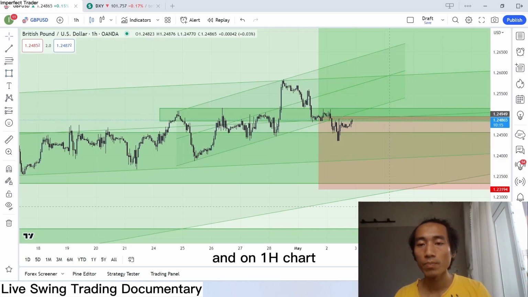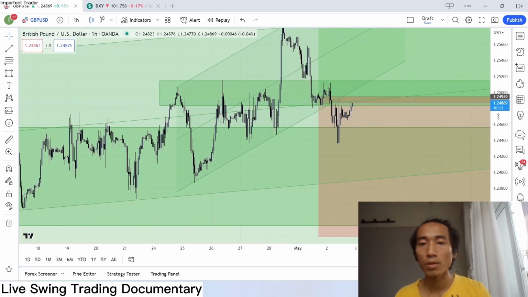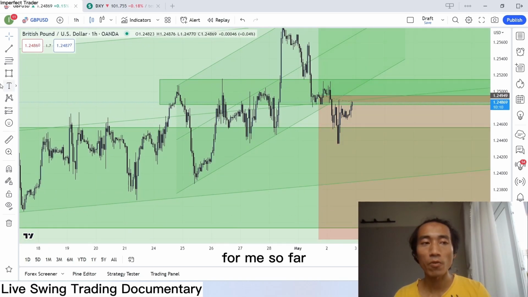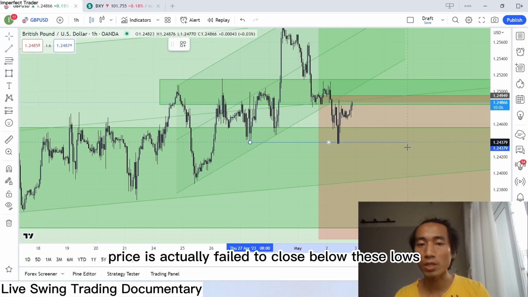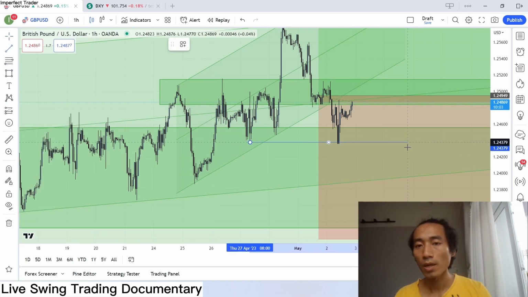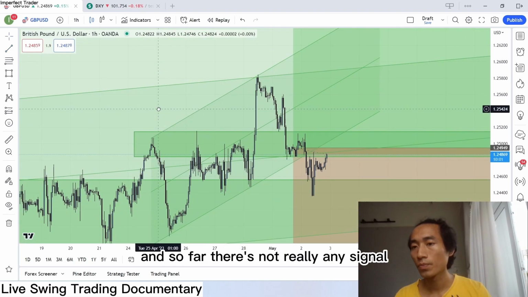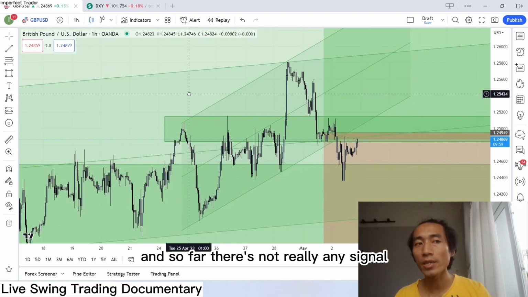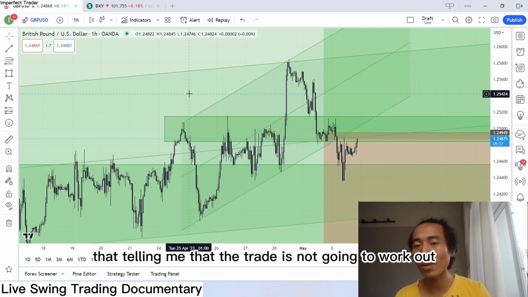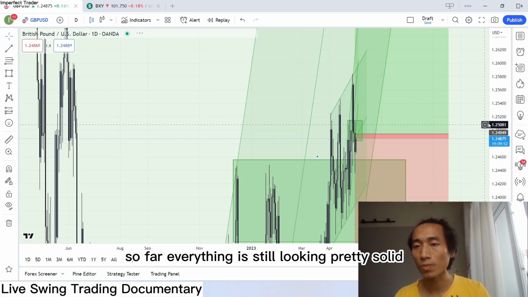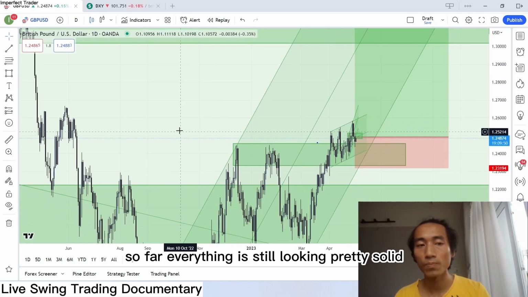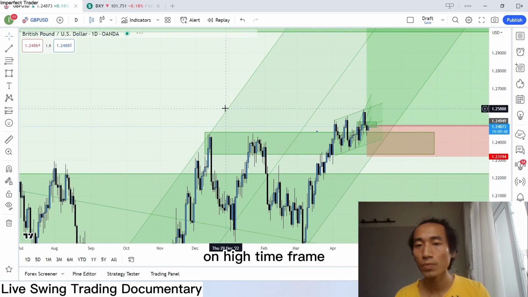And on the 1 hour chart, for me so far, price has failed to close below this low. And so far, there isn't any signal telling me that the trade is not going to work out. Everything is still looking pretty solid on the higher time frame.